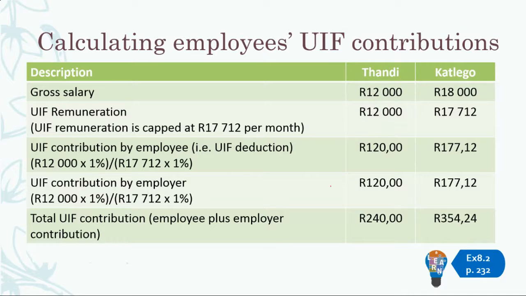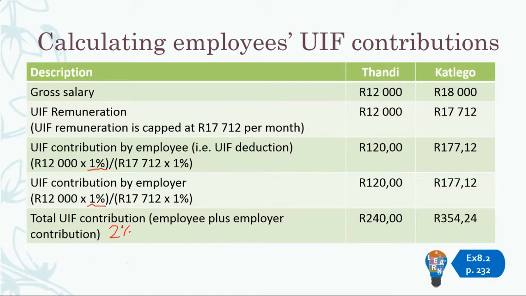Okay, so the total contribution, let me quickly show you. The employee pays 1%. The employer pays 1%, which means the total UIF contribution that an employer pays over per month is 2%.